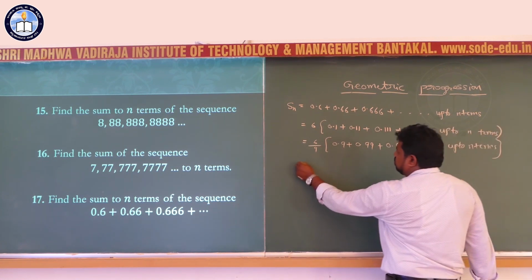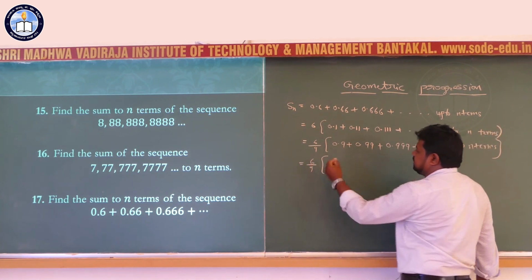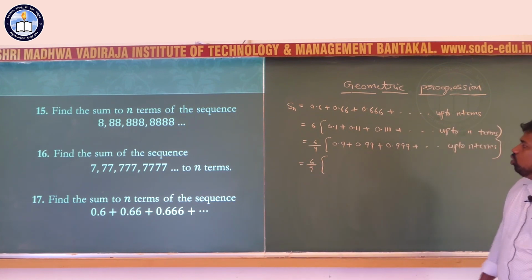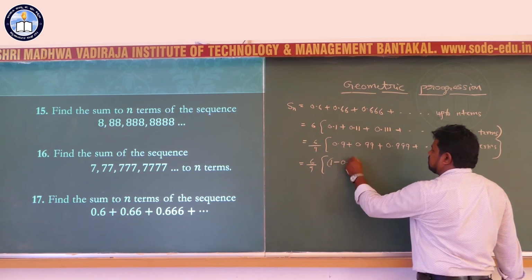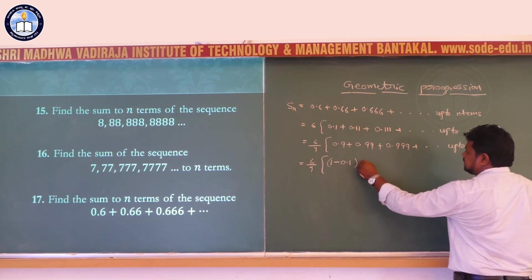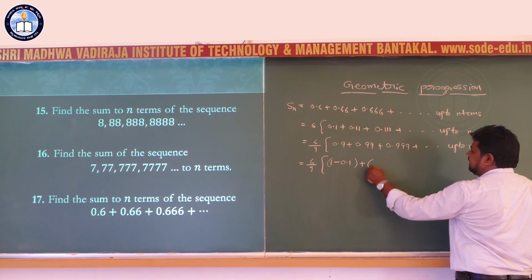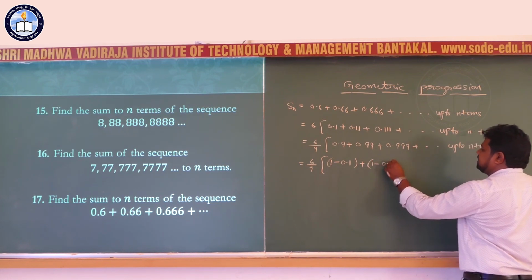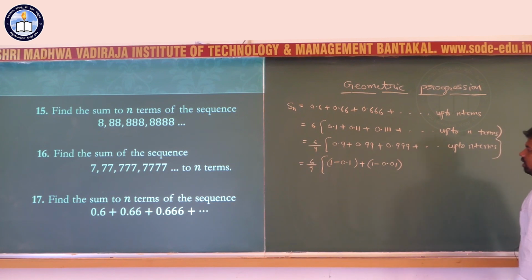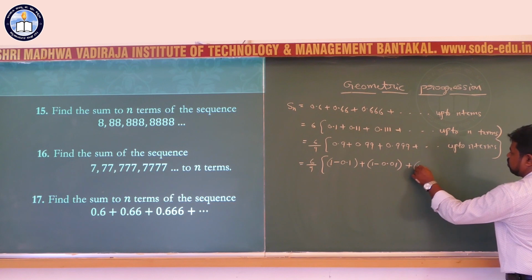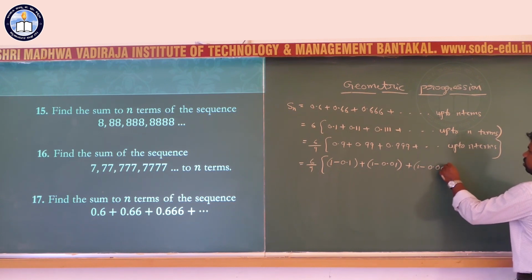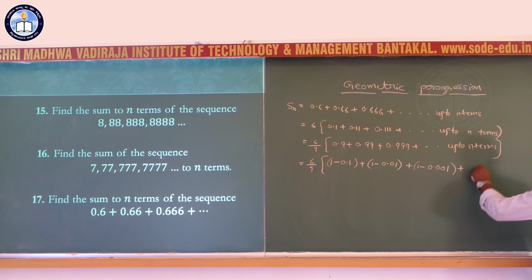That is equal to 6 by 9 into, 0.9 can be written as 1 minus 0.1, plus 0.99 written as 1 minus 0.01, plus 0.999 can be written as 1 minus 0.001, plus up to n terms.